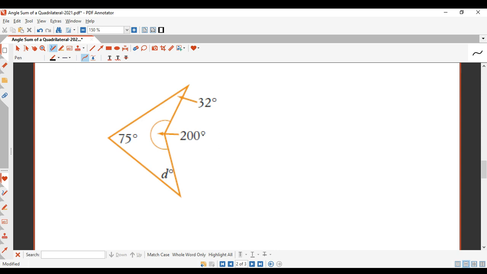You can pause the video if you want to try the next one, see if you get it right. So the first thing I'm going to do is look at those three angles, 32 degrees plus 75 degrees plus 200 degrees.